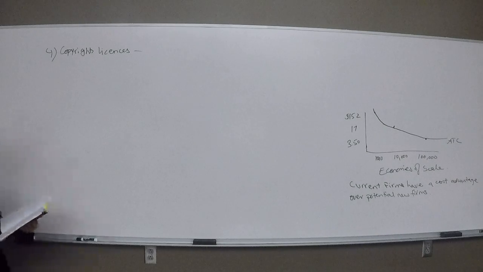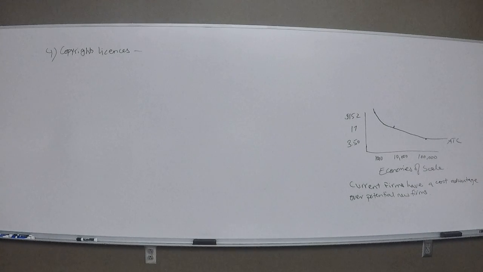Now we're going to start talking about what happens when there's a barrier to entry. Monopoly exists.